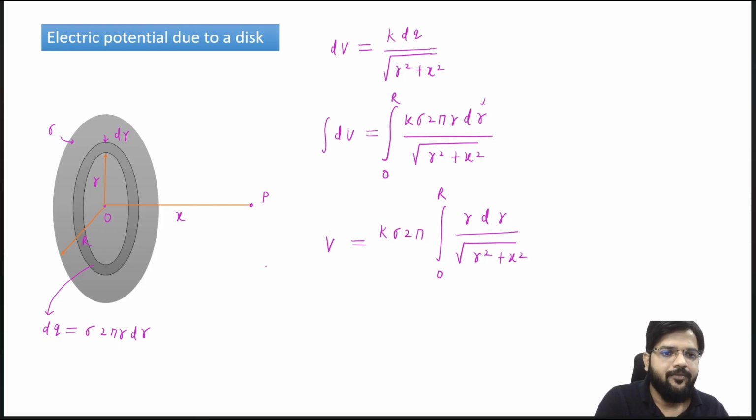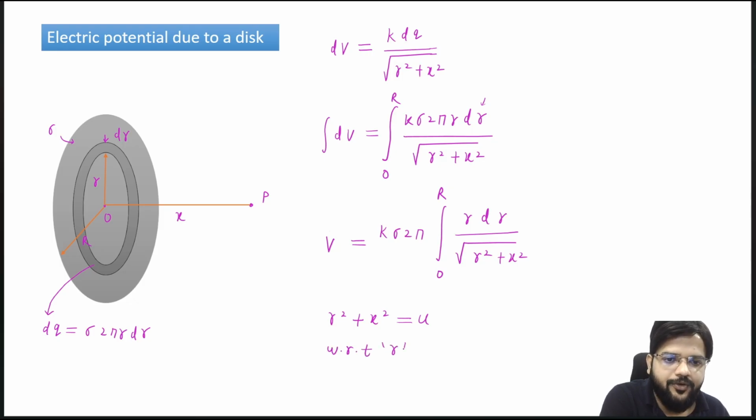We will assume r square plus x square equal to u. This thing we will substitute. So r square plus x square equal to u, I am assuming. Now do the differentiation of this equation with respect to r; you can also do it with respect to u. I am doing it with respect to r.